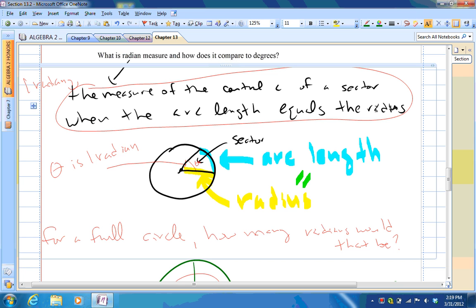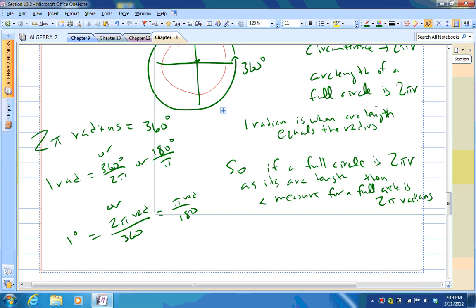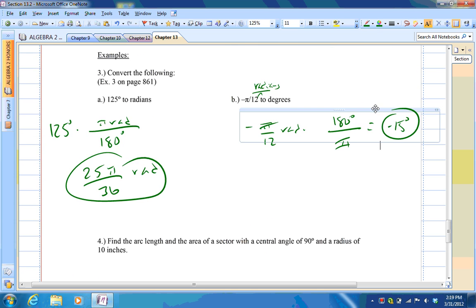Naturally, the angle measure of a full circle should be 2 pi radians, following the same ratio. Because now your arc length is 2 pi times the radius, so we expect 2 pi radians. And since a full circle is 360 degrees, 2 pi radians equals 360 degrees, and we can do conversions between the two with that knowledge.